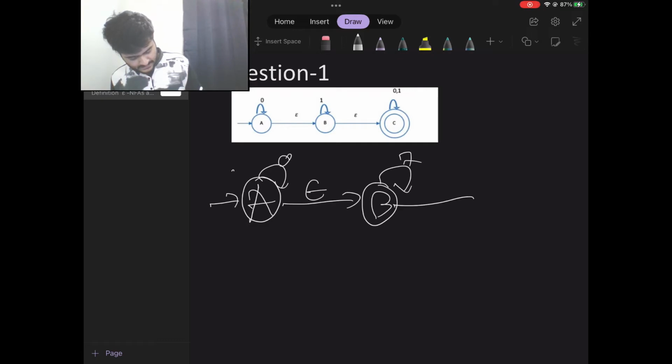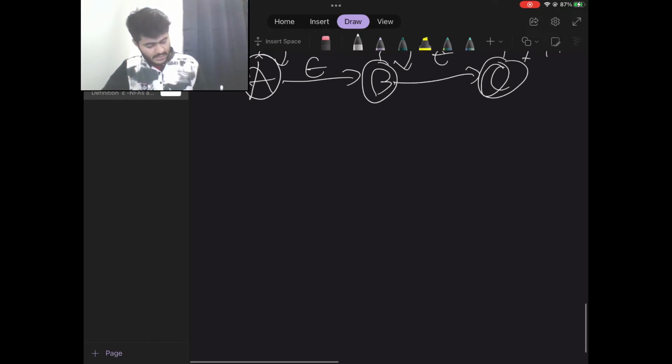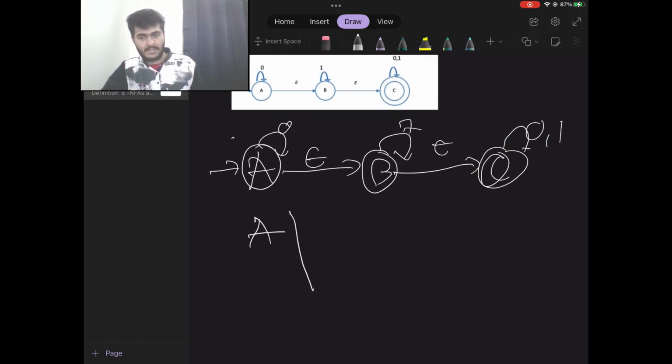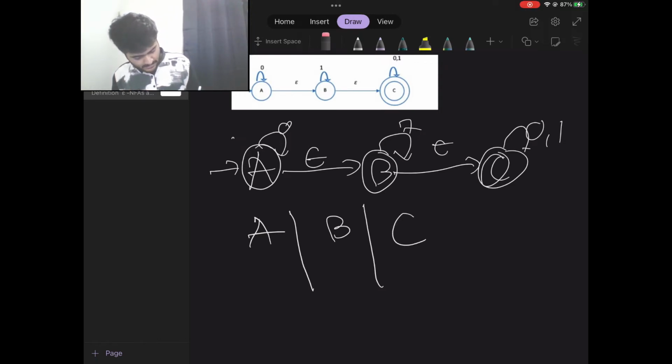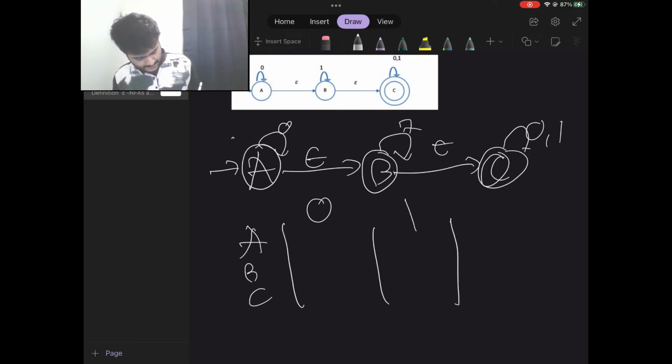A leads us to 0, epsilon B, 1, epsilon C, and 0 and 1. So let's start building this. First of all, we'll build the table for this. A, B, C, and 0, 1.